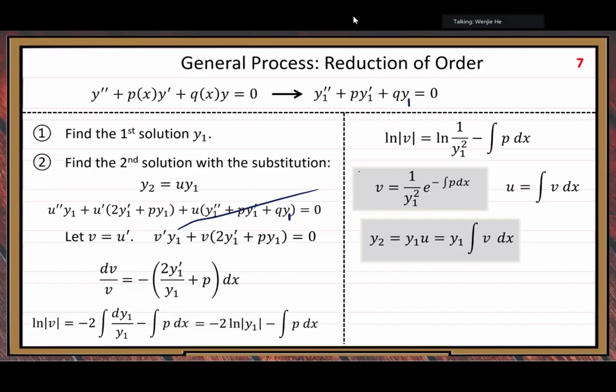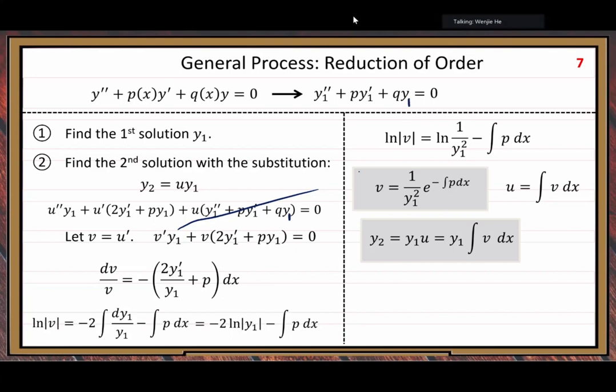Two things I want to explain. One thing: the absolute value of v, the absolute value is gone. We take v equals 1 over y1 squared times e to the negative something.